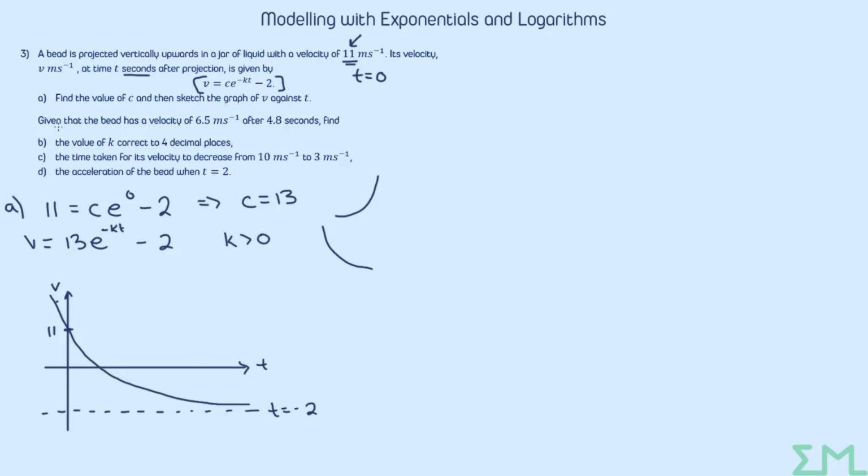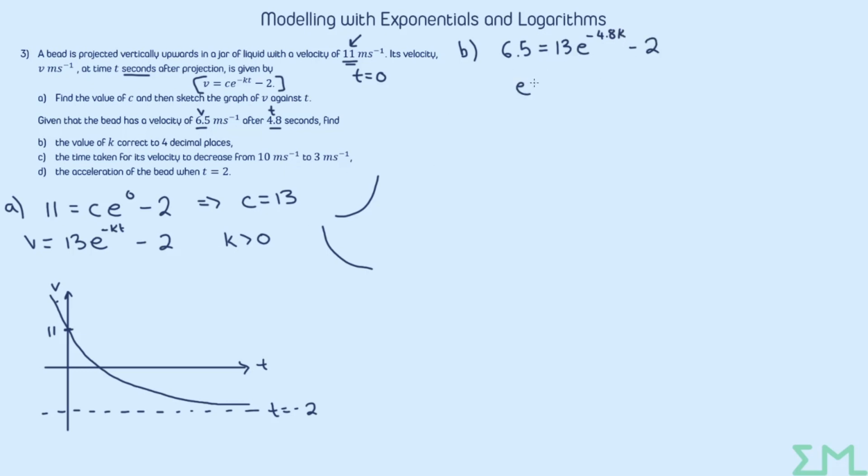Okay. Given that the bead has a velocity of 6.5 after 4.8 seconds, so that's t and that's v, find the value of k. Okay, so now we're finding the unknown constant in the equation using some extra information. So 6.5 equals 13e to the minus 4.8k, so we popped our t value in there, minus 2.